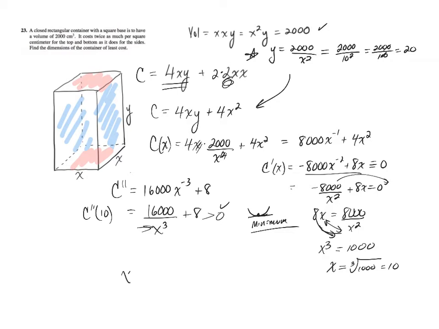So our dimensions are x is 10 and y is 20. And there's our solution. So again, kind of interesting that because the materials for the top and bottom cost twice as much, we're using half as much of that. That's kind of a way you can think about that problem. Anyway, there's another solution for one of these optimization problems.